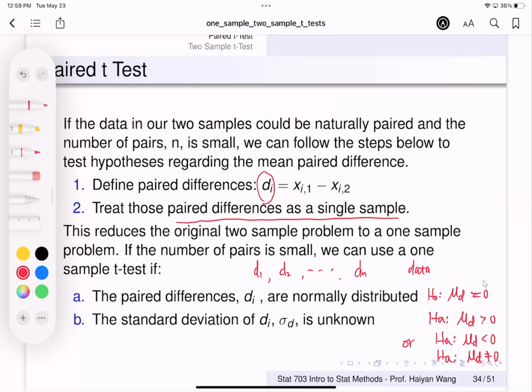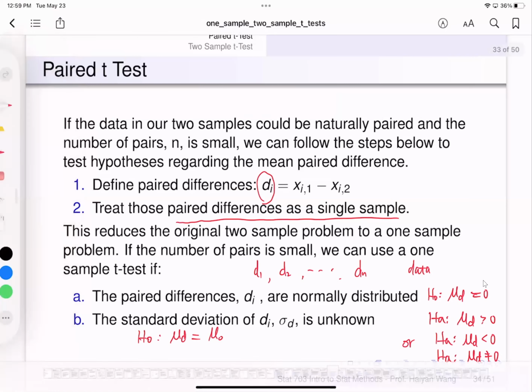We do not have to just test whether mu_D is 0 or not. We could consider any arbitrary mu_0 to do the test. If you are testing whether the difference has mean equal to a given value mu_0 or not, then the hypothesis will be specified in terms of mu_0.